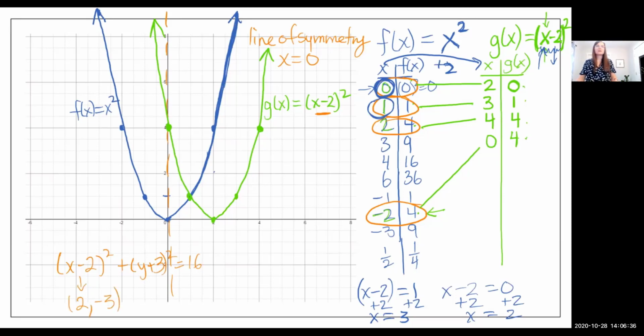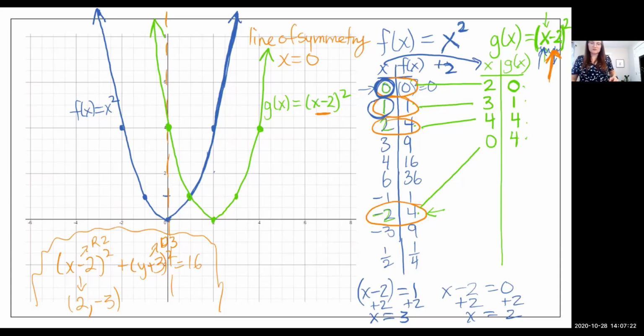It was the opposite for when you had that inside because it shifted from 0, 0, it shifted right 2, because it had to compensate for the subtraction of 2, and down 3 because it had to compensate for the addition of 3. Okay, so that's one basic of transformations: when you have a shift, like an addition or a subtraction, inside by the variable that is being considered, it's going to act on that variable in your points in an opposite fashion.